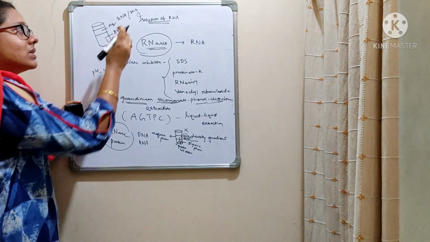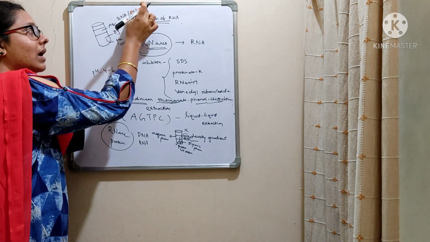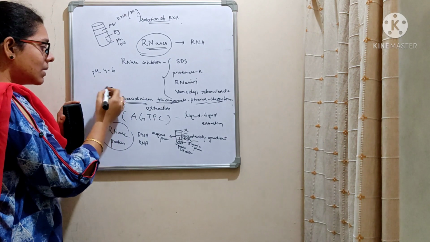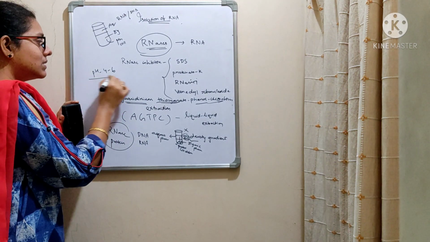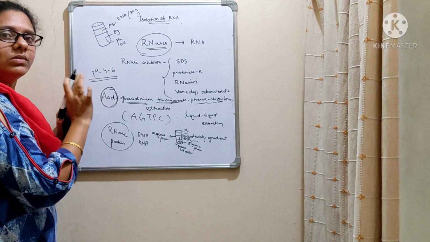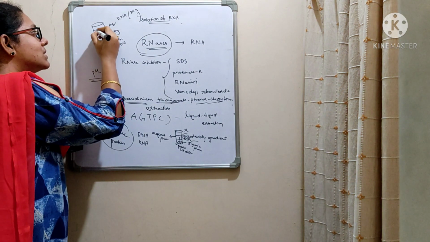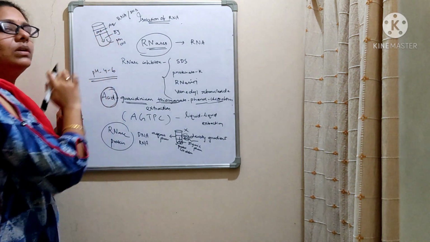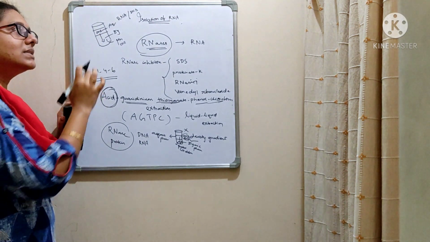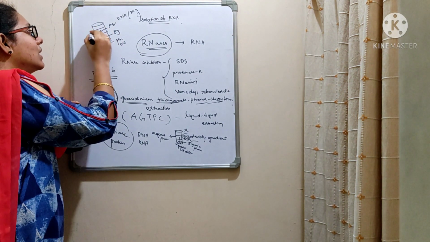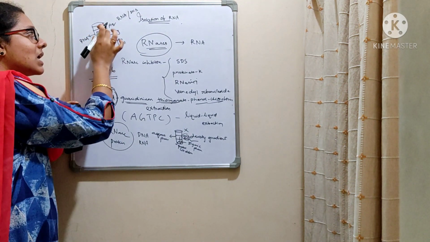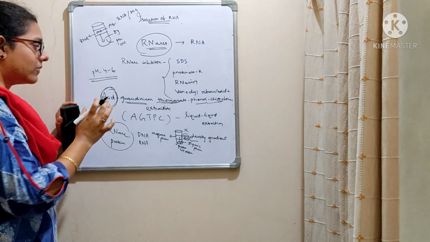As we are only interested in isolating the RNA and not the DNA, we are maintaining acidic conditions, that is, the pH should be around 4 to 6. Then the DNA which is in the aqueous phase will be partitioned into the organic phase. So what is left in the aqueous phase? Only RNA is left, because the DNA has partitioned into the organic phase at acidic pH.